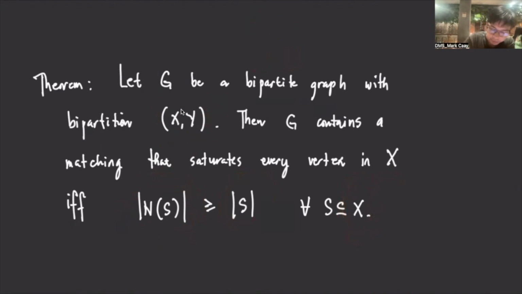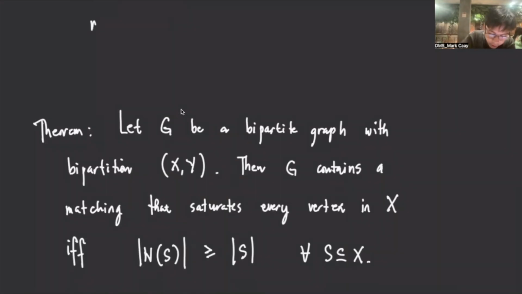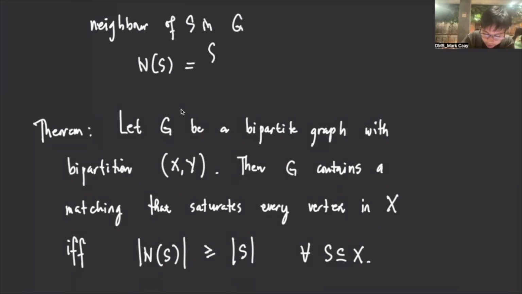So, let us recall muna kung anong ibig sabihin ng neighborhood. Okay, so yung neighbor of S in G, we denote this by the symbol N of S. This is actually the set of vertices, let's say x, in the vertex set of G, tama?